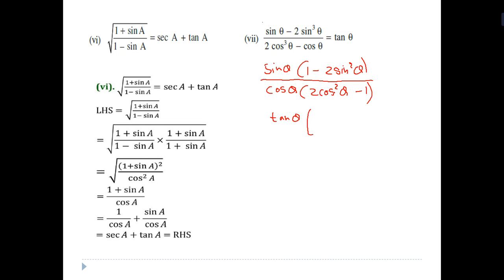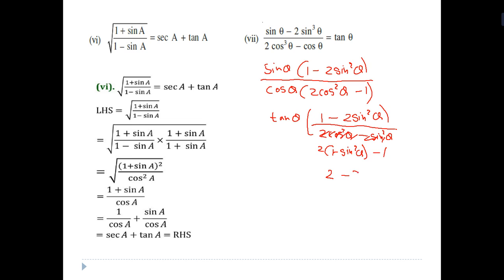So anyhow we have to remove this bracket. How can we remove it? We put the numerator as it is and change the denominator. In 2 cos square theta minus 1, instead of 1 we can write sin square theta plus cos square theta, or we can write 2 in bracket 1 minus sin square theta, minus 1.